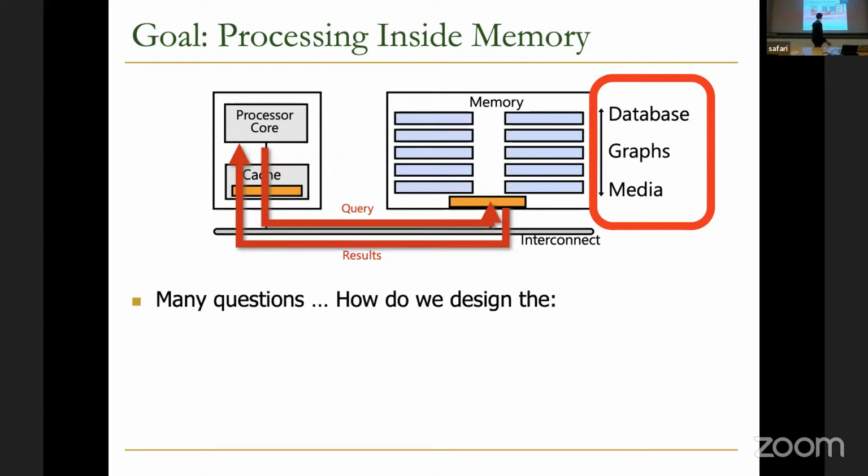So as you see, it's conceptually simple, but it's not so easy to implement in real systems. Why is that? Because there are many open questions. For example, how do we need to design the memory, or how do we need to design the processing engines or processing elements that we have there, and how should the controllers be, right? Remember that we talked about intelligent memory controllers.